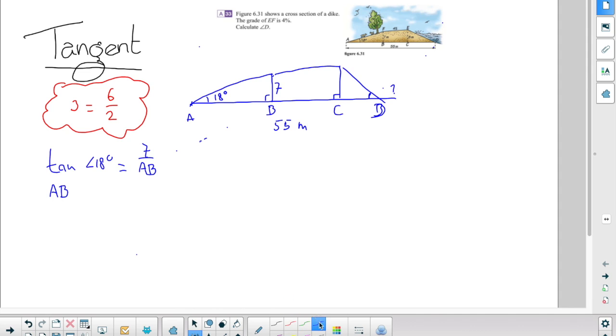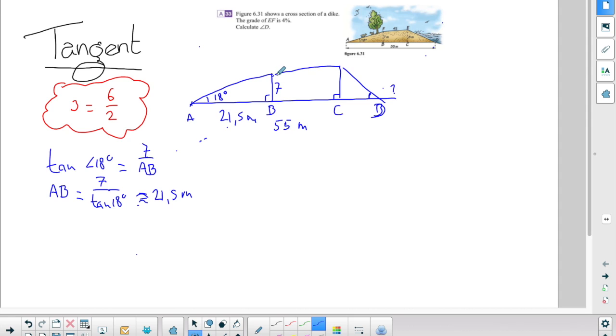So in this case I can use this little help and say, okay, AB is 7 divided by tangent of 8 degrees. And my answer is about 21.5 meters. So this part is 21.5, so AB.